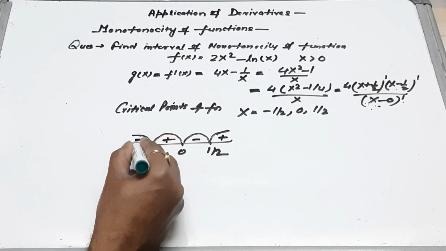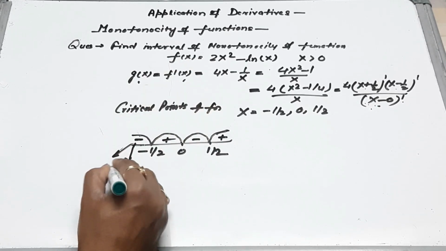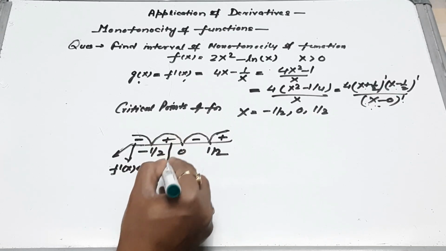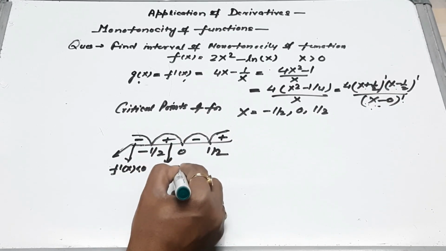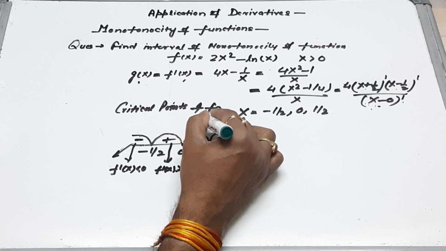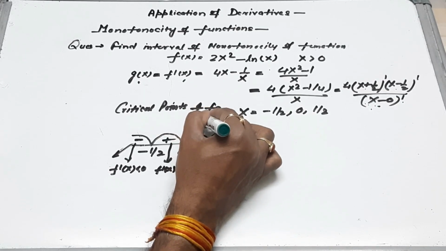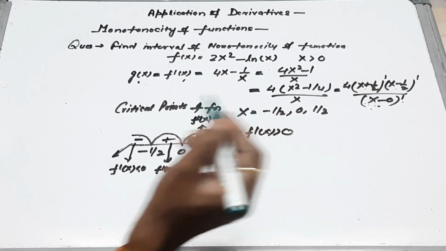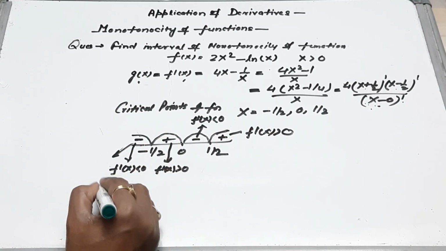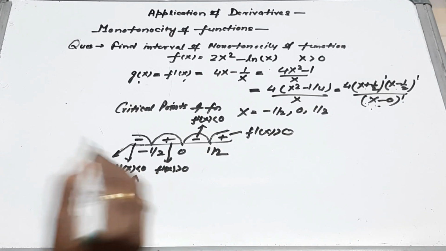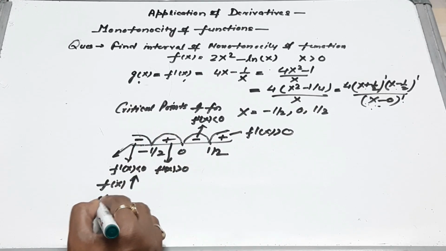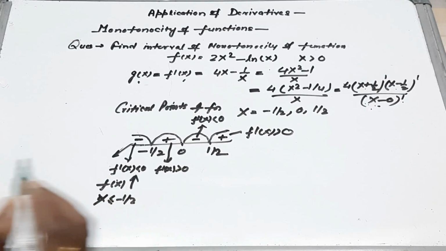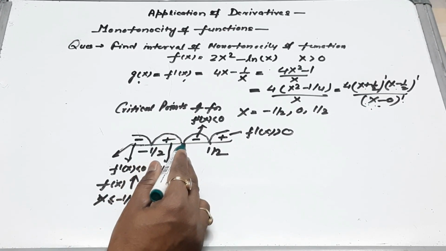So here you see g(x), that is f'(x), is less than 0. Here you see f'(x) is greater than 0. Here f'(x) is again less than 0, and here also f'(x) is greater than 0. Now, from −1/2 to 0.